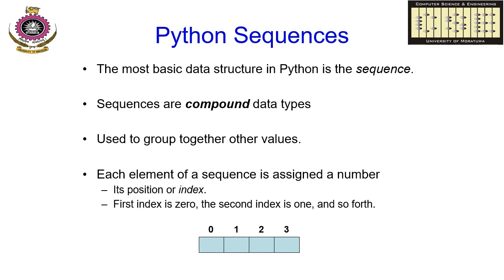The first index is normally 0, the second index is 1, and so forth. So it always starts from 0. It's a 0 indexed sequence. That is how a sequence stores multiple values and keeps track of those values in the sequence.